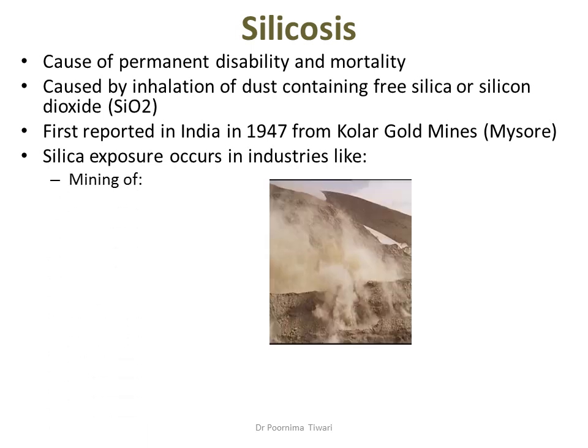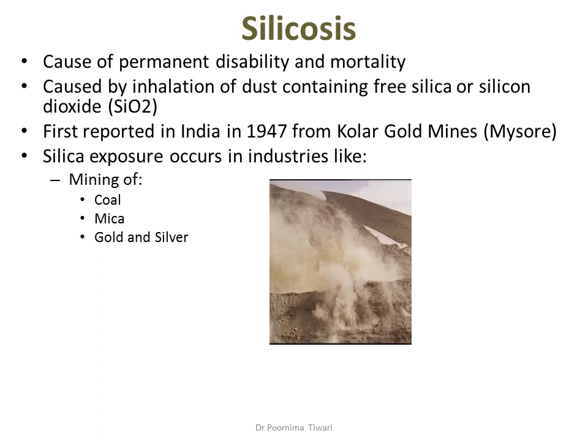Mining. Mining of so many things, because mining involves digging up of the area, creating roads on which carts and vehicles move on dusty roads, the machinery moves. So there's a lot of dust blowing around in the mines. So mining of coal, in addition to coal dust, also has silicosis.